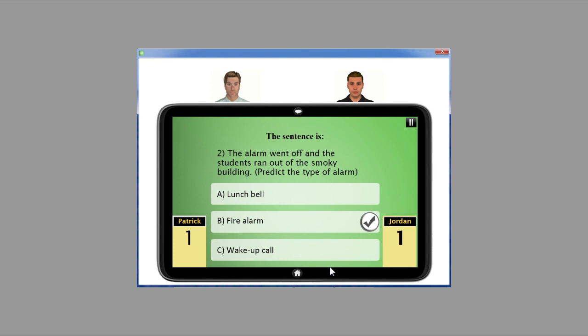I am going to bet on B. Fire alarm. The correct answer is B. Fire alarm. Here comes the next question.